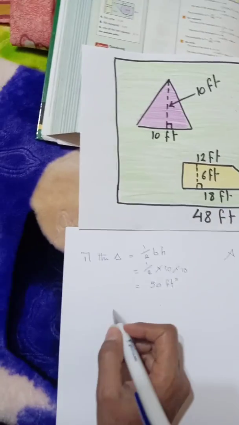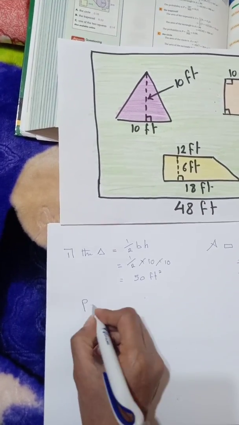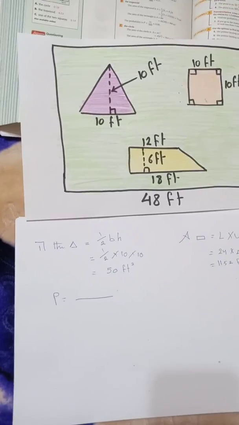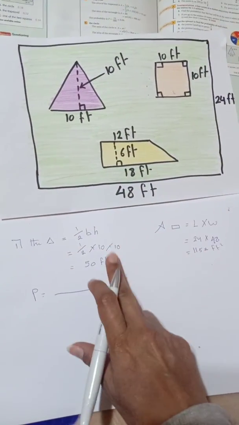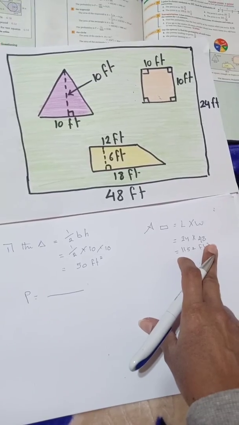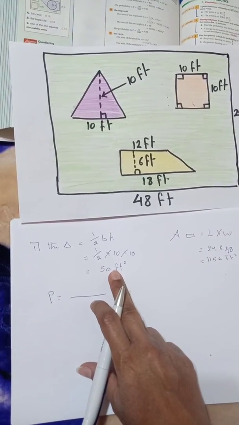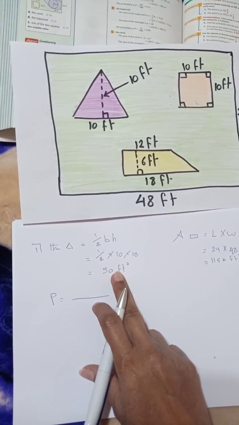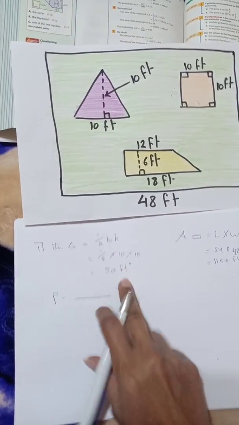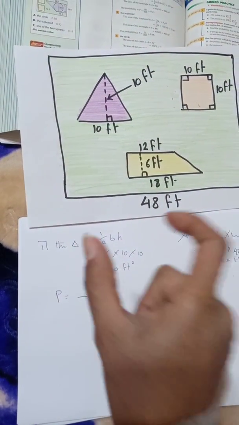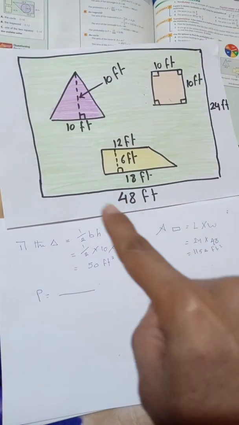Now I want to find the probability. So the probability is P equals the outcomes of the event. Which is the event here, the area of the triangle or the area of the rectangle? Yes, the area of the triangle, because the outcomes of the event are any subset of the sample space.